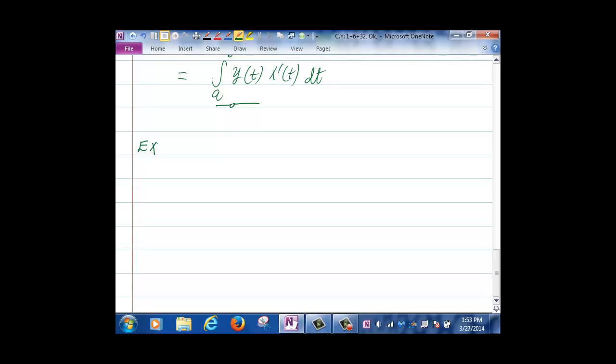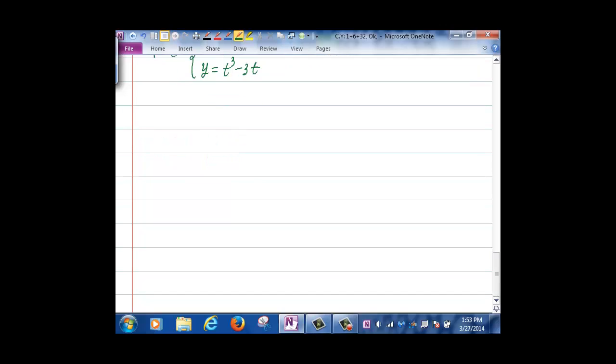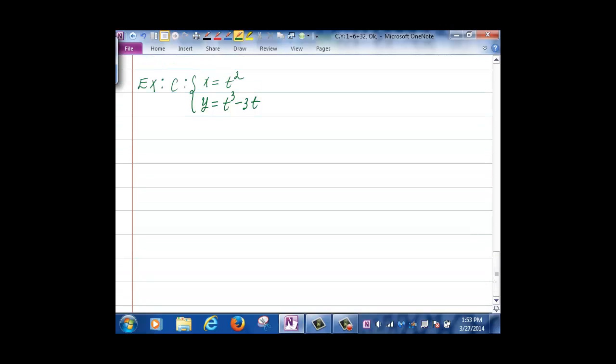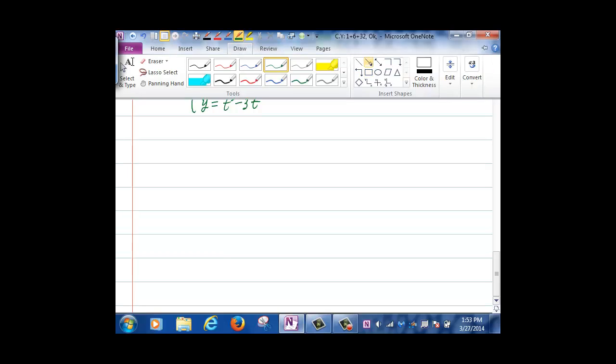Let's say I have the curve C, and then x is t squared, y is t cubed minus 3t, and we sketched the graph of this curve, right? And what did we obtain? We obtained something like the following.